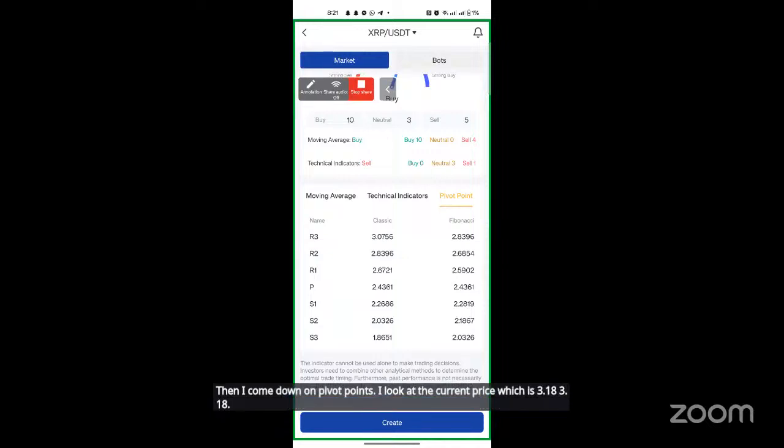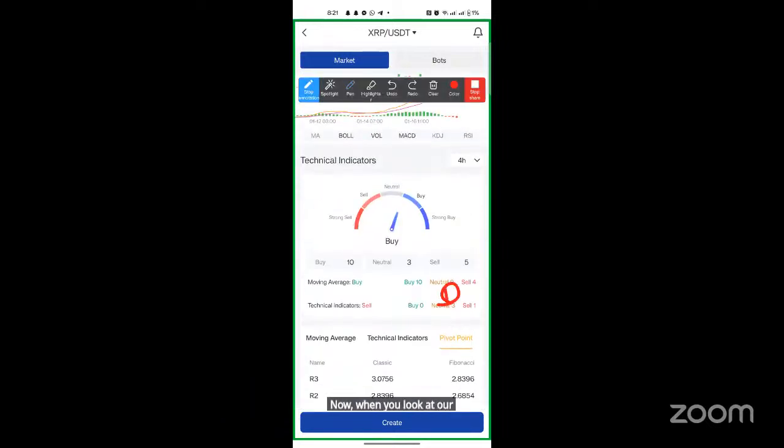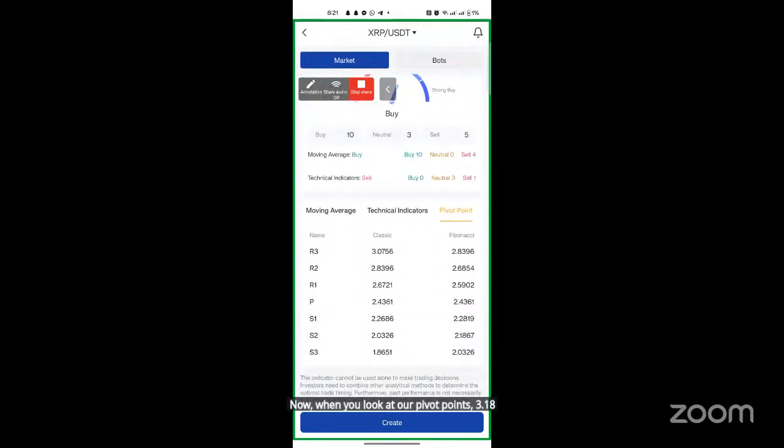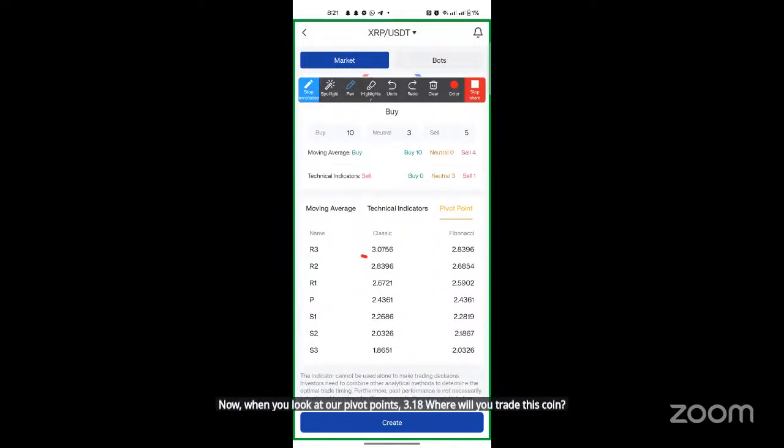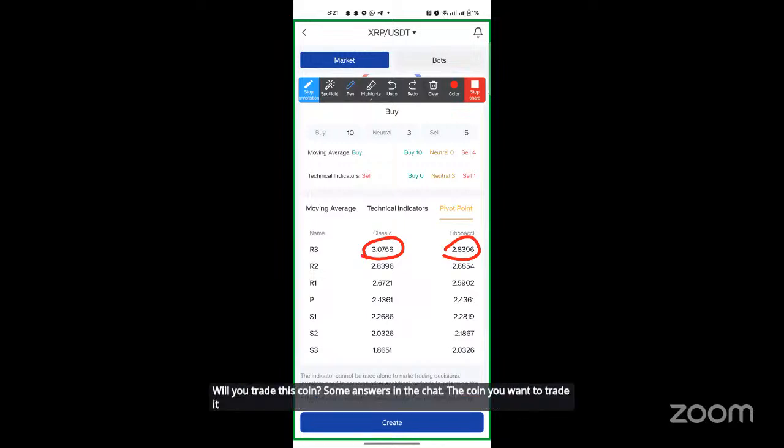Now, when you look at our pivot points, 3.18, where will you trade this coin? The resistance is at 3.0. Will you trade this coin? Some answers in the chat. The coin, you want to trade it, but look at where it is.